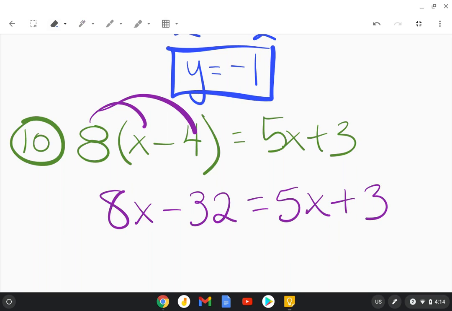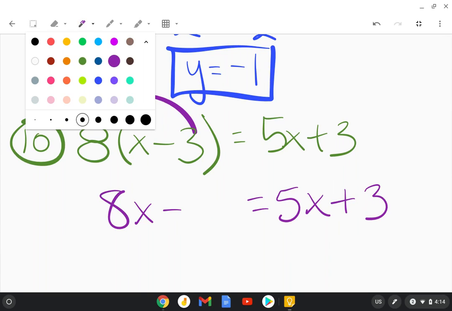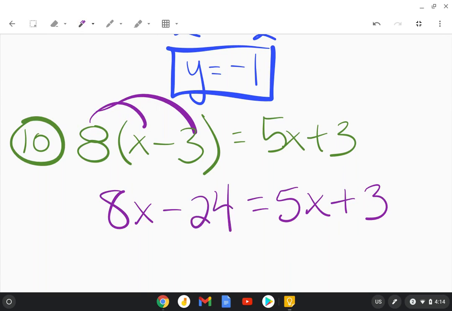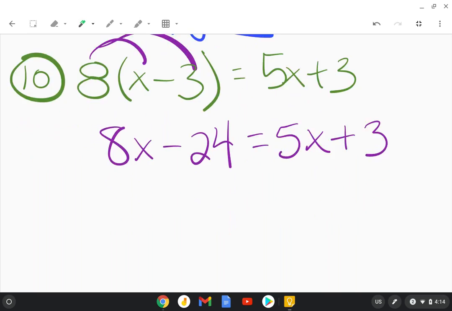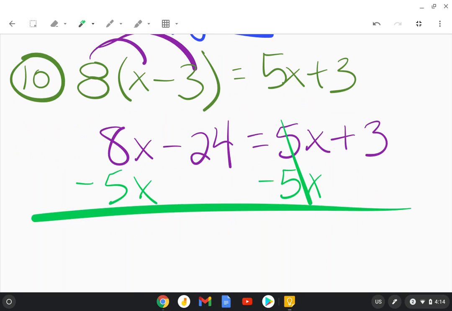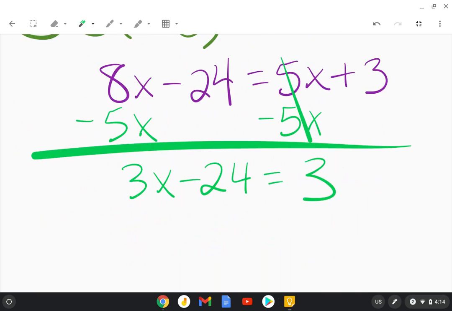I made a bit of a mistake here, so I'm actually going to change the original problem. Sorry about that. I'm actually going to change this to a 3 here, and that should hopefully do the trick. That's going to become a 24. Now we solve by subtracting our 5x to get it over here with the 8x. 3x minus 24 equals 3.